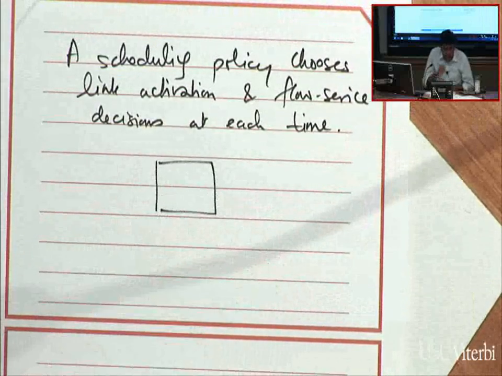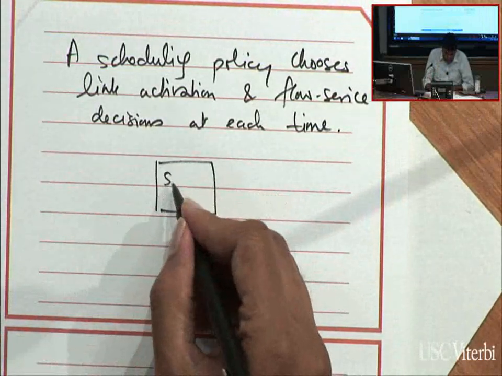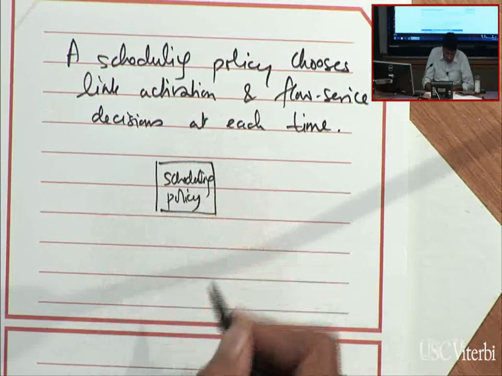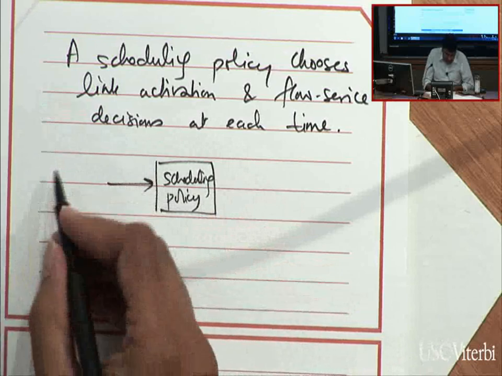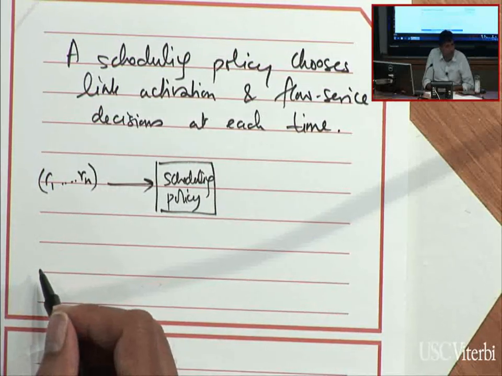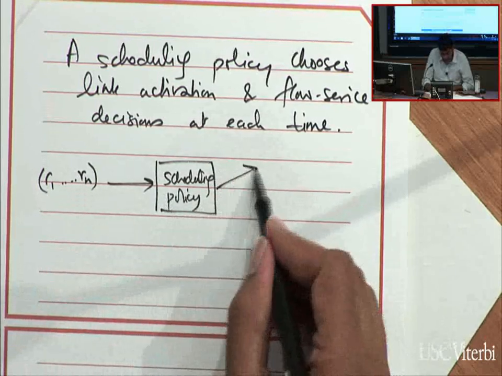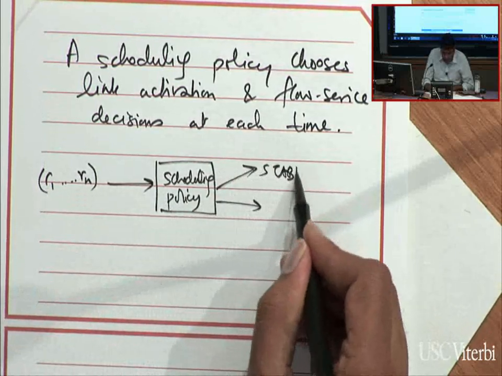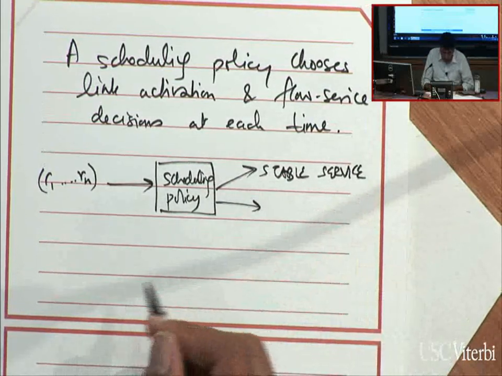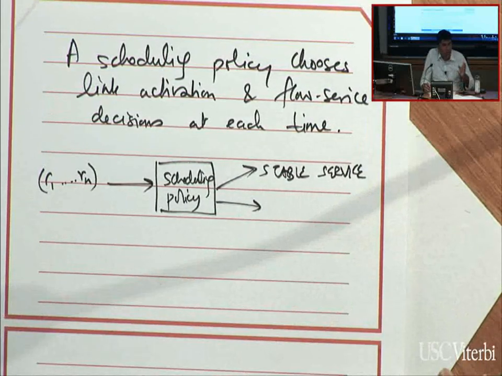So this is what happens. You end up with a black box, and inside it is the scheduling policy. It takes as an input a set of arrival rates, R1 to Rn. And depending on your policy, it might make it stable and make sure that all of that data from every source is getting to the destination, none of the queues are blowing up.